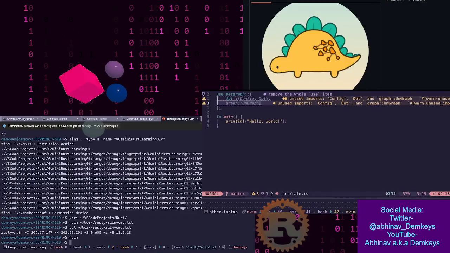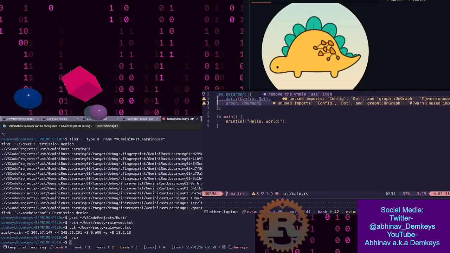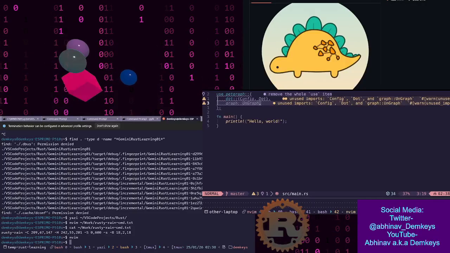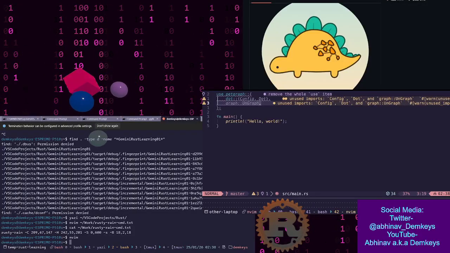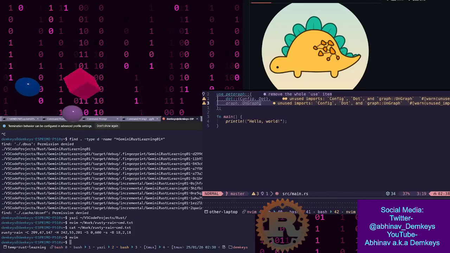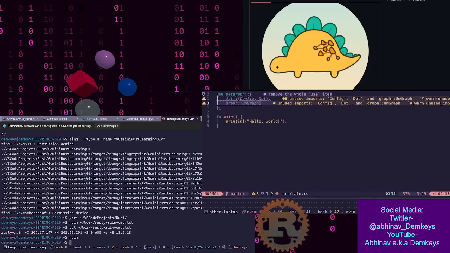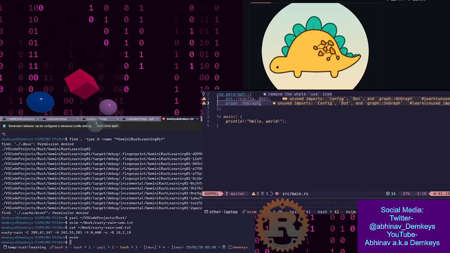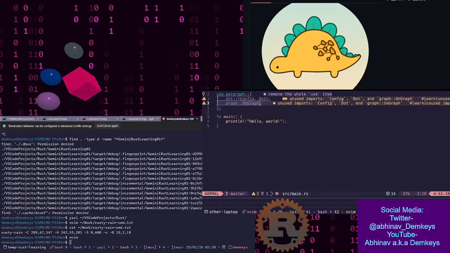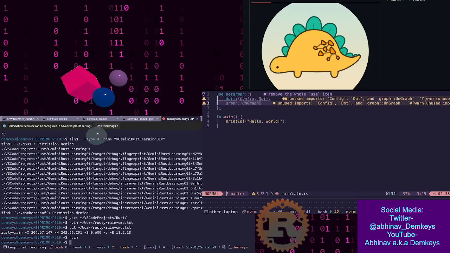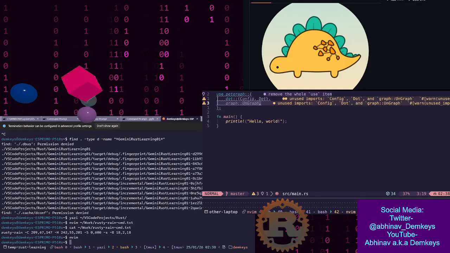But at the time, what I was looking for was something more along the lines of dot graph, basically. The dot language is a graphing language.